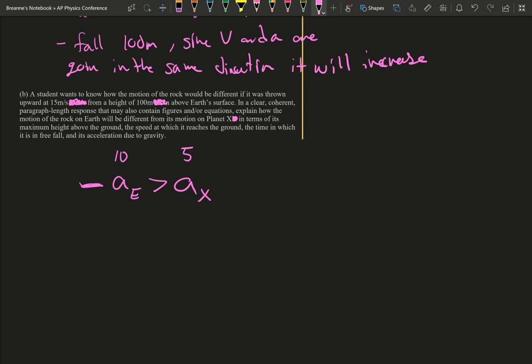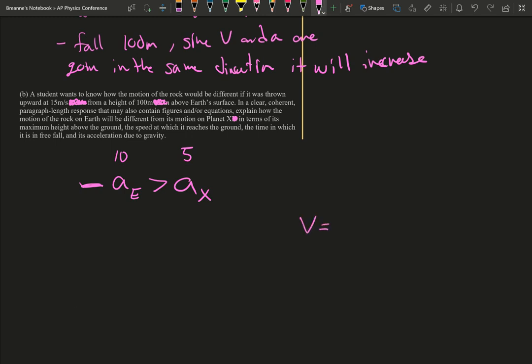So if Earth has a greater acceleration, and the height stays the same and everything, we can look at our y equals v_y naught t plus 1/2 a t squared. So we can look at this equation. So that's staying the same. Well, here, so we don't have to deal with the 2. We're just trying to figure out the time right now.